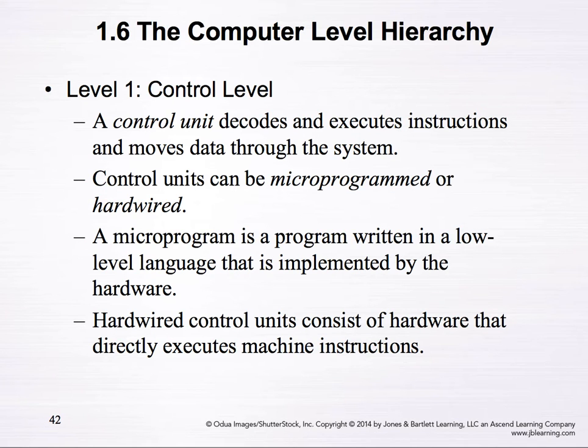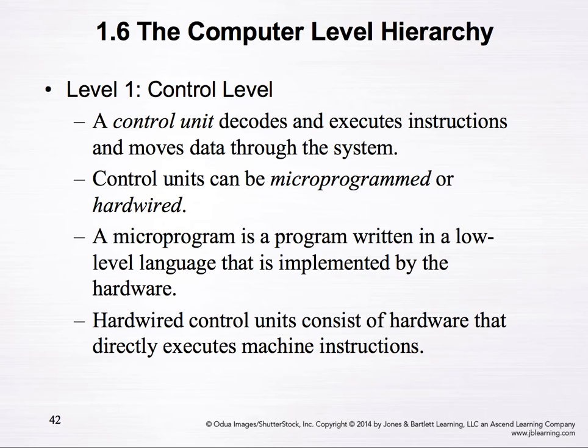Level 1, that we call the control level. A control unit decodes and executes the instructions and moves the data through the system. A control unit can be a microprogram or hardwired. A microprogram is basically a program written in a low level programming language, and that is implemented by the hardware, where we construct the circuit to perform that.